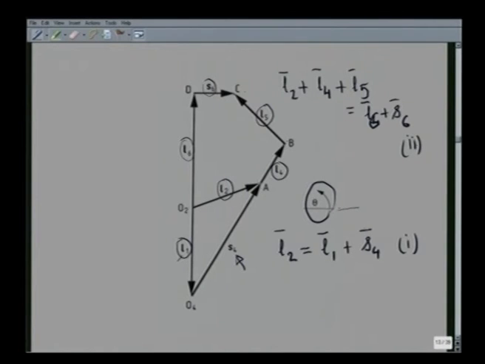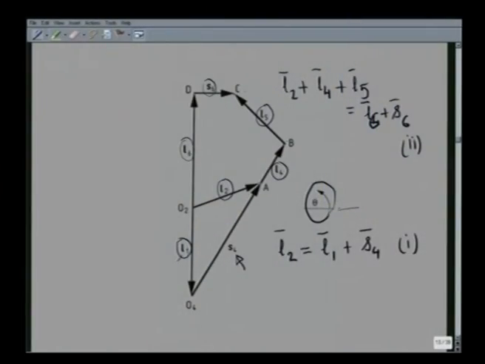So, we have 2 vector equations, which as I said earlier are equivalent to 4 scalar equations, that is equating the real and imaginary parts or x and y components, however you say it. From these 2 vector equations I get 4 scalar equations. So, I can solve for 4 unknowns. Now, let us see in this problem what the unknowns are.